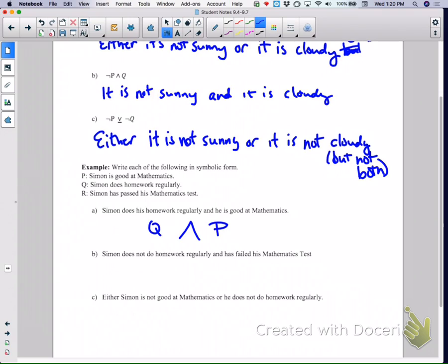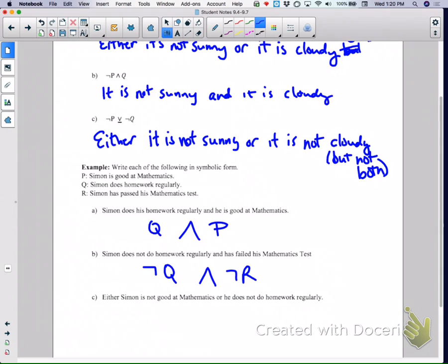Okay. Simon does not do his homework regularly, so that's going to be not Q. And has failed his mathematics test, so that's going to be not R. And that's going to be another intersection, another and scenario there.